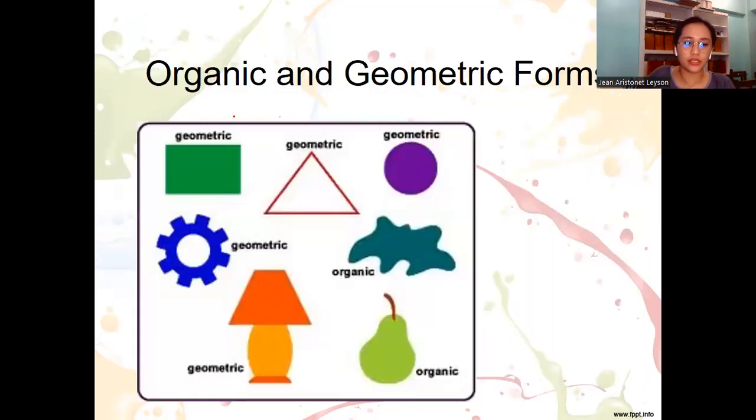Here, this is geometric: a rectangle, triangle, circle. Here, this is also a circle which has rectangles around it. This is organic, that's irregular. This is organic, this is geometric.